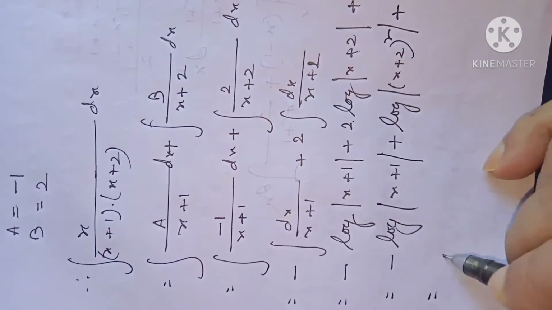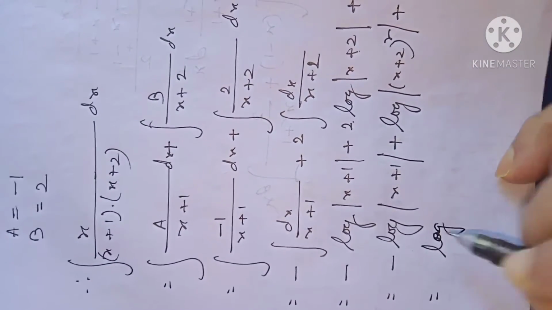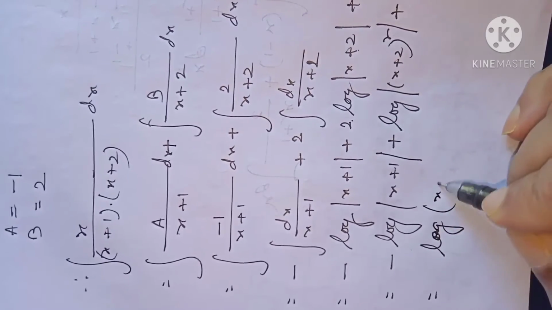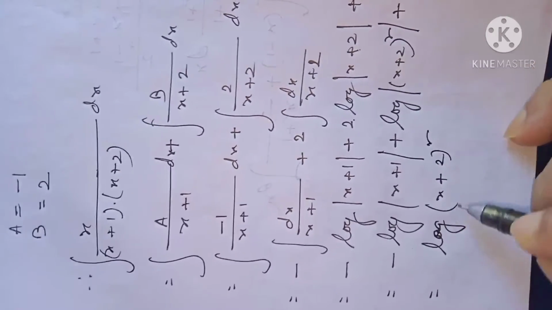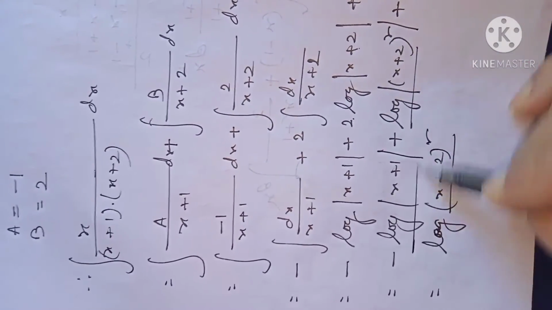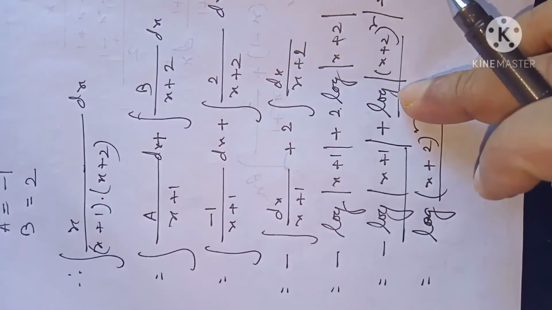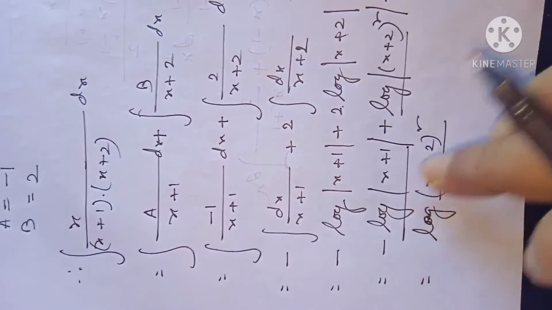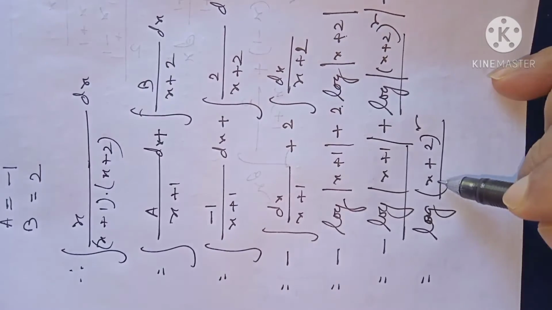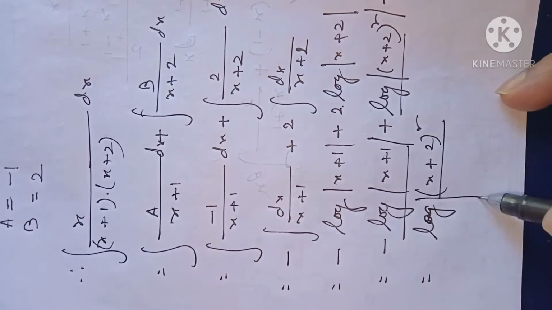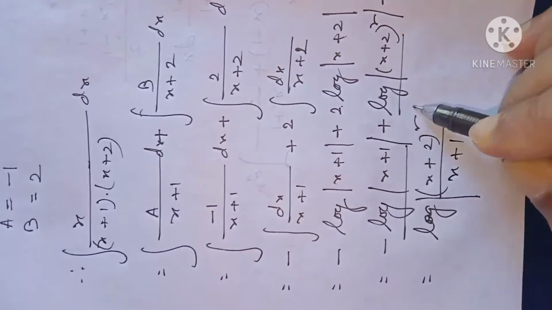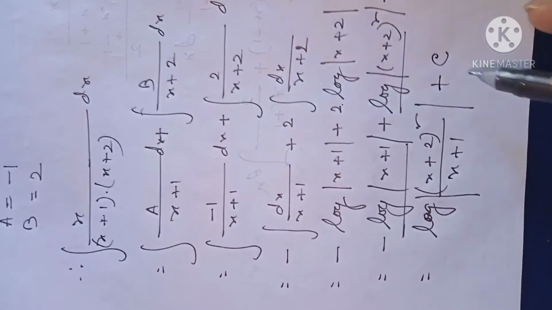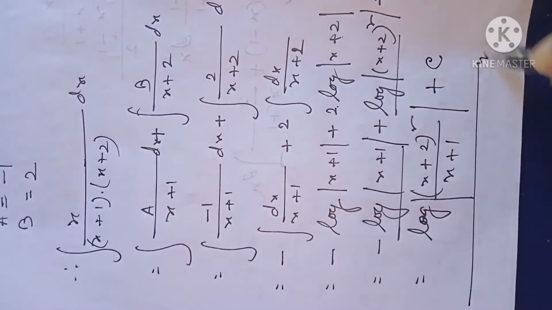So at the end we can say log of (x plus 2) whole square by (x plus 1), because combining this one with this one: log of this minus log of this means log of this by this. So plus constant c. This will be our final answer.